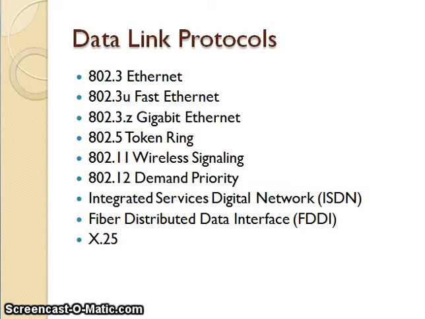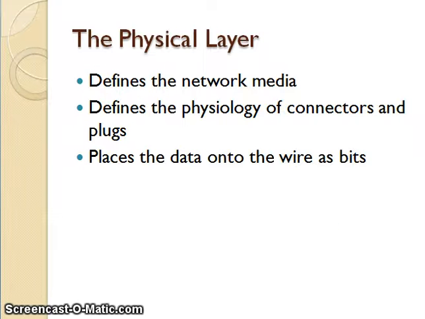What is the main use of the physical layer? It uses the various transmission media, and it also defines the topology used in networking. For example, there are various topologies, such as star topology, bus topology, mesh, or any other type of topology. Based on the application, it will use the particular topology.